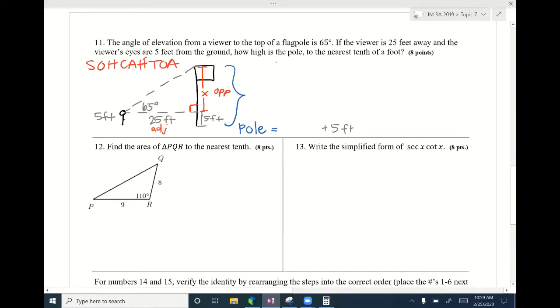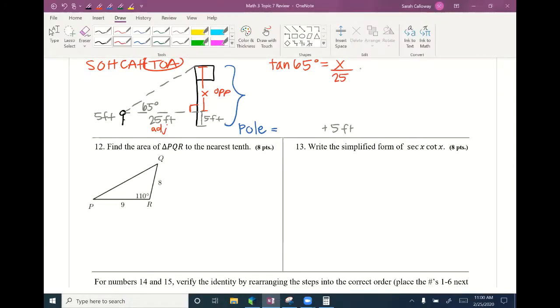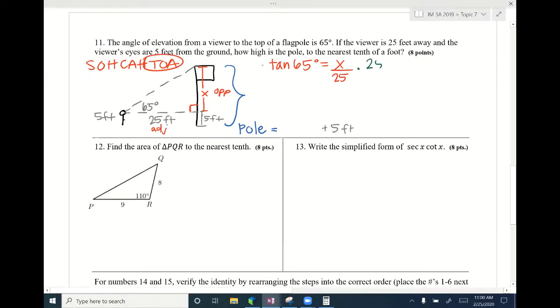So we're going to use tangent of 65 is equal to opposite over adjacent, so x over 25. To get x by itself, we want to multiply by 25 on both sides. So x is going to be equal to 25 times tangent of 65.